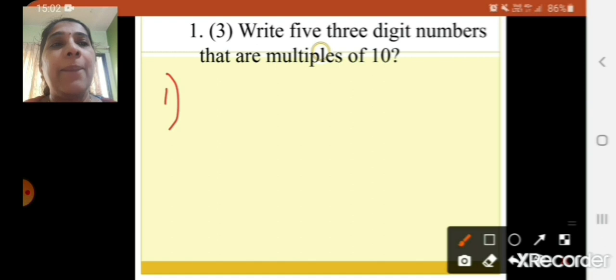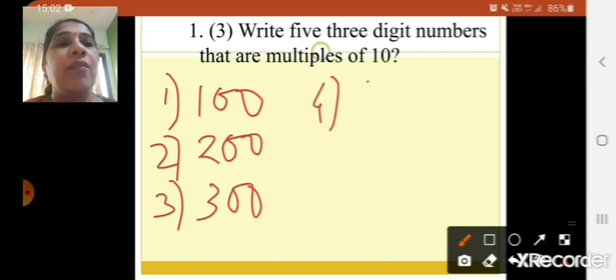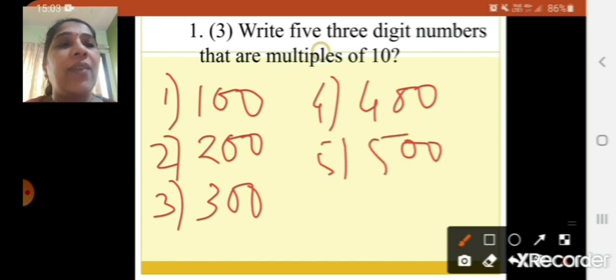So I will write 100, 200, 300, 400, and fifth one I have taken as 500. So any numbers you can take, but it should be a 3-digit number, and in the units place it should be 0. Isn't it easy, children?